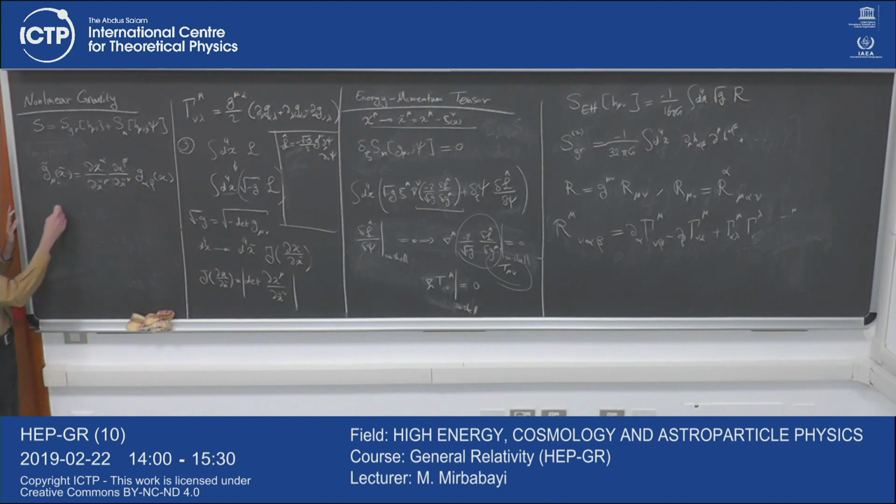So if I linearize in xi but do not linearize in h mu nu, then I will get the expression with the covariant derivative. So it is still linearized in xi. Yes. Okay.